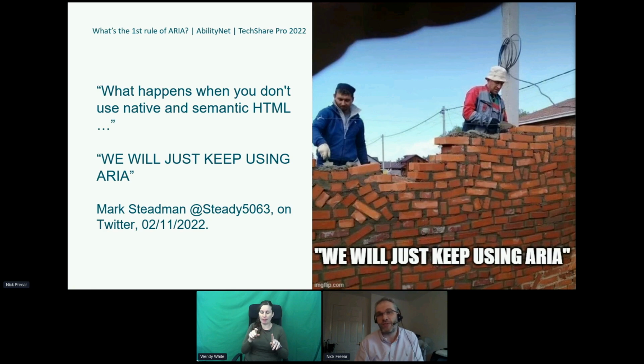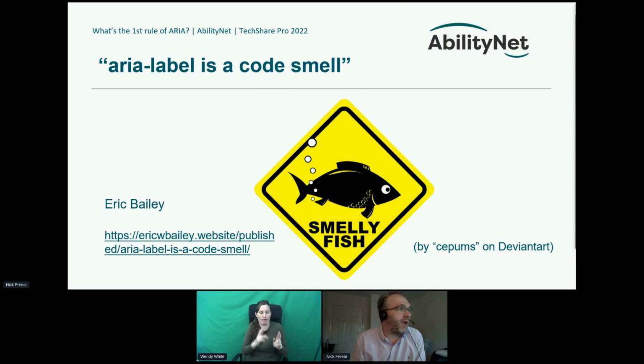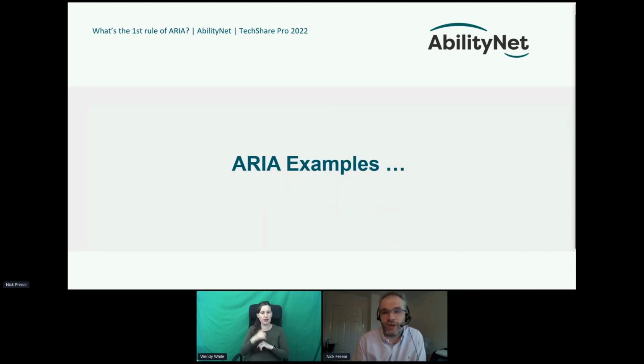You get the impression that people are just, we'll just keep on using it and hope for the best. There's also a blog post recently talking about a specific attribute, ARIA label, as being a code smell. That is, it's a sign that you should look more carefully at a page if you come across this attribute, because it's often misused, as we will see in some of the examples.